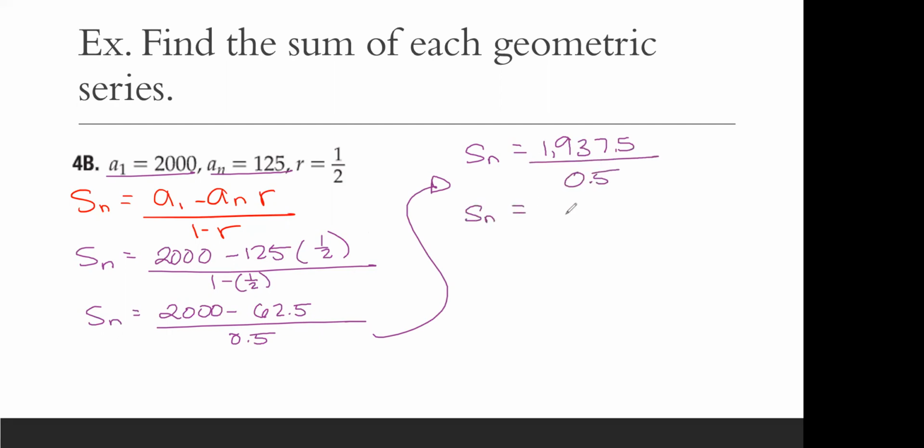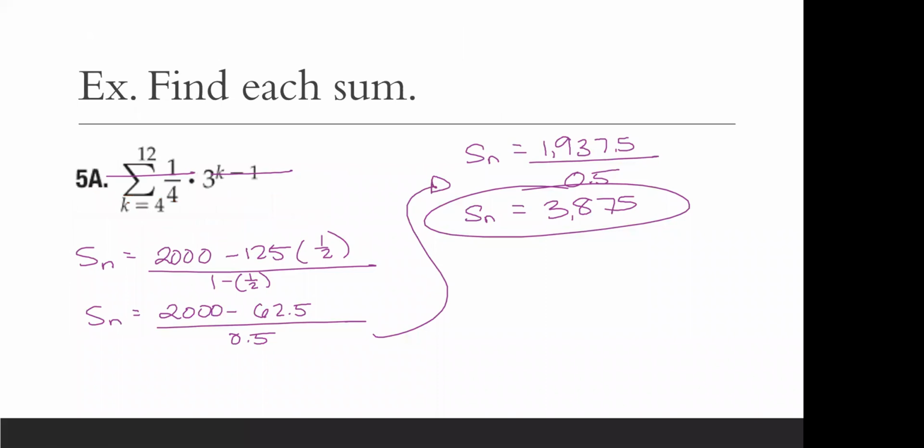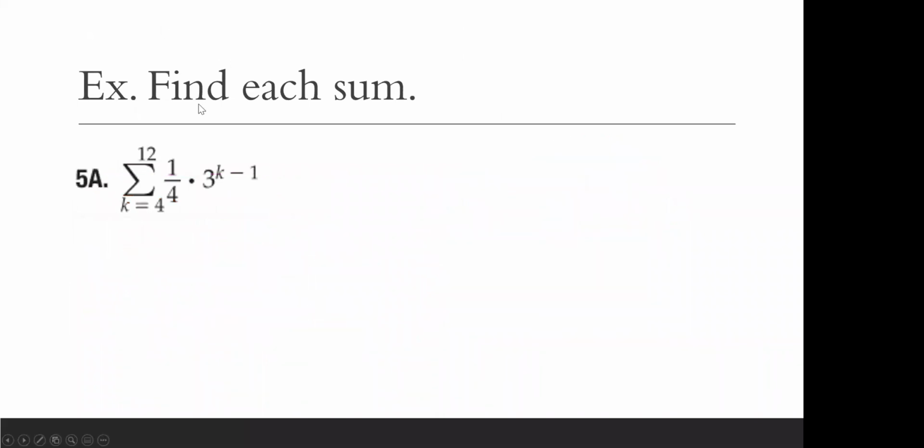So when I divide that, I end up getting 3,875. So that is the sum of my geometric series there. Okay, so it's just a matter of plugging the information that you're given into the correct equation that you have.